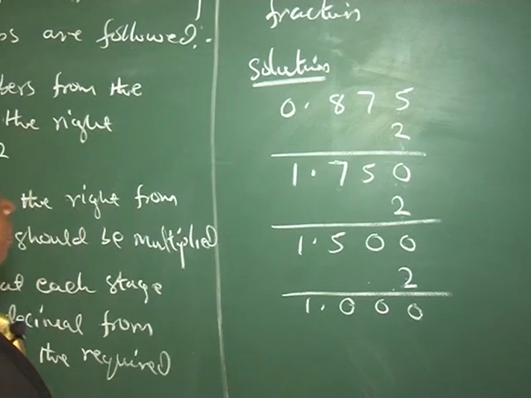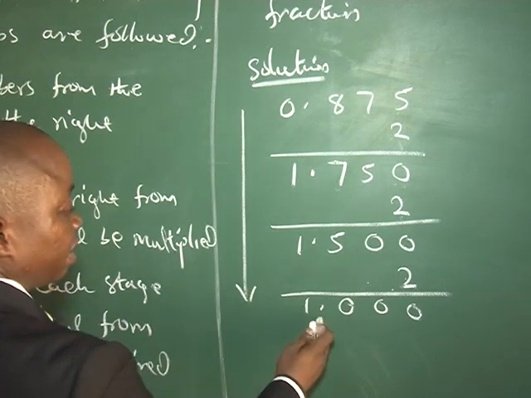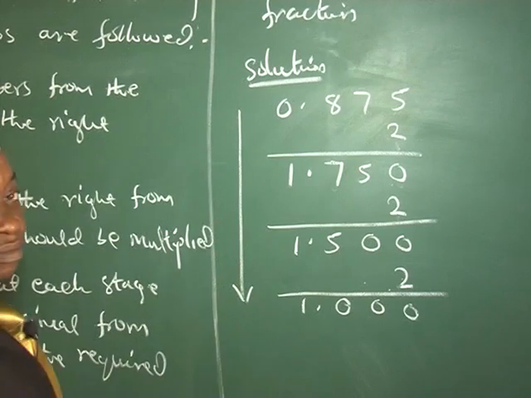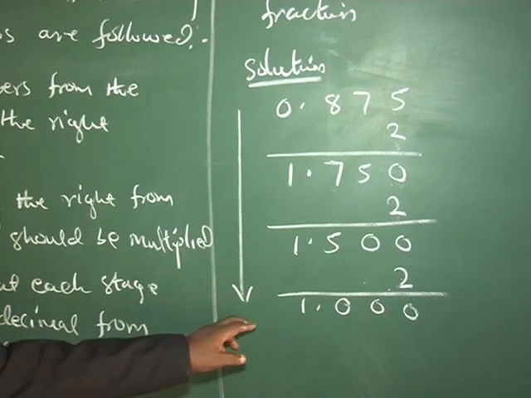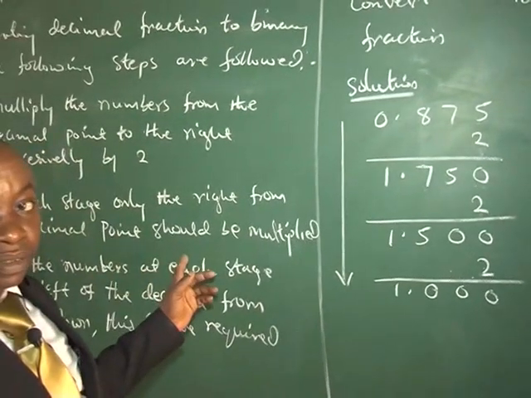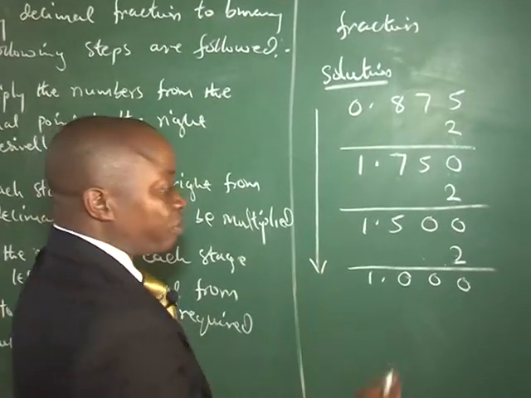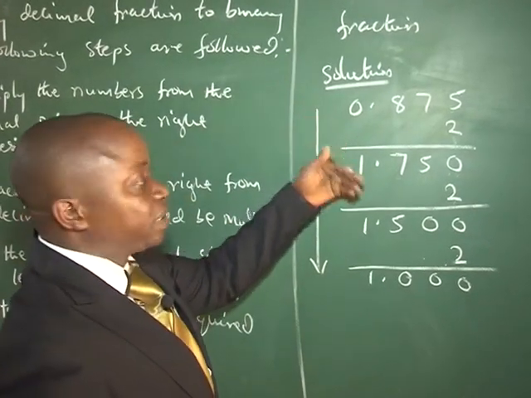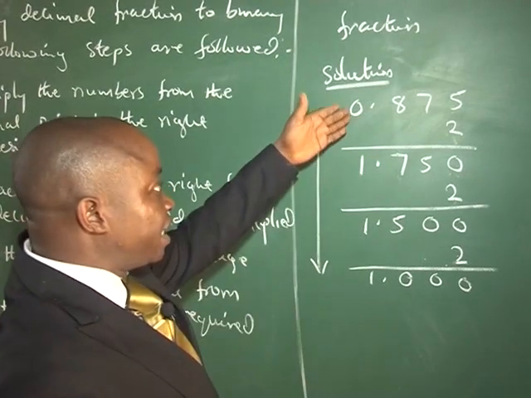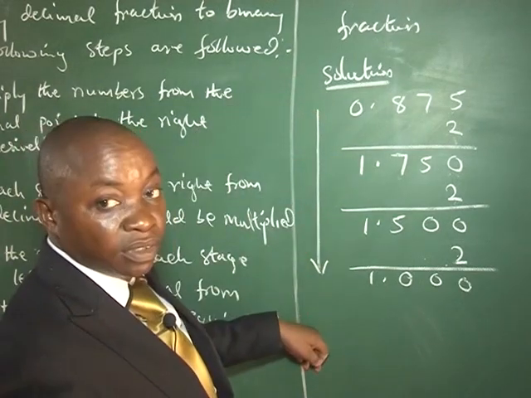So we then take the left-hand side of the decimal point. Look at this decimal point, how it is arranged, the left of it. Now, notice the difference: when we were converting a base 10 number to other bases, all we did was take the remainder from down to top. But in converting a decimal fraction to binary fraction, we take the left-hand side of the decimal from top to down.